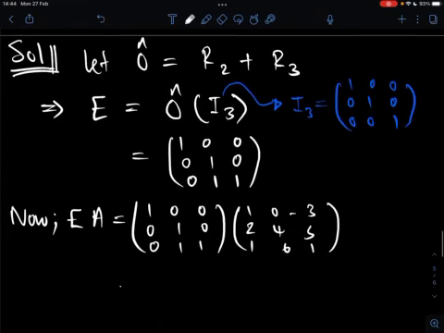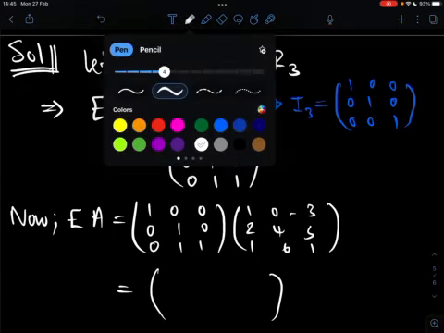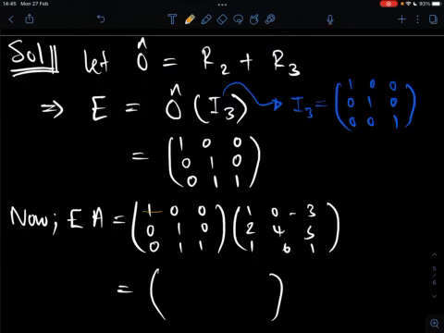We now know how the multiplication works. So first I'll take this row and multiply it with that column and see what I'm getting.